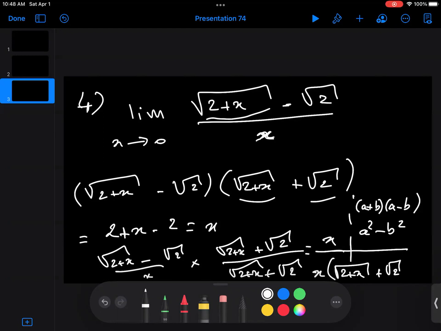Now, x divided by x, I can simplify. And as x goes to 0, this is going to 1 divided by 2 square root of 2. Is that okay?